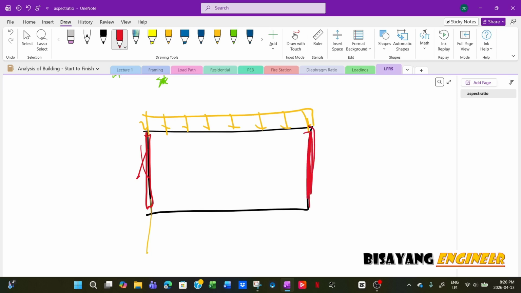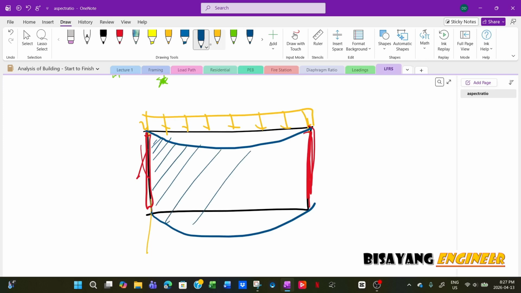If this is like any other beam, this one will tend to deflect. This is just an exaggeration, but this is the deflected shape of the diaphragm, especially if this is a wood diaphragm, then it will be flexible, so it will deflect more. Now, this is simply supported, or at least for wood shear wall, it's always assumed as flexible, or not always.